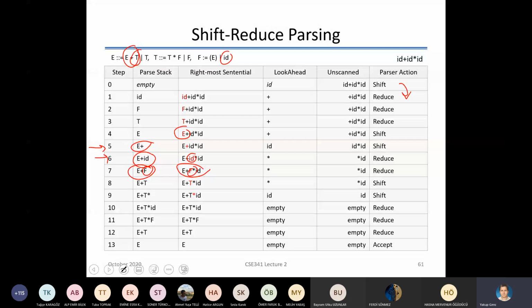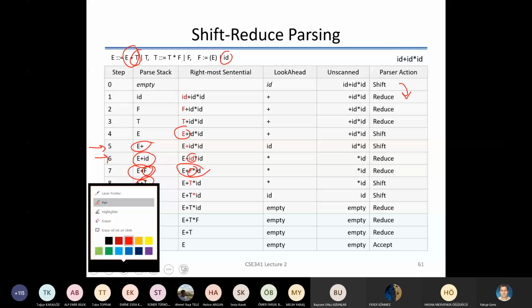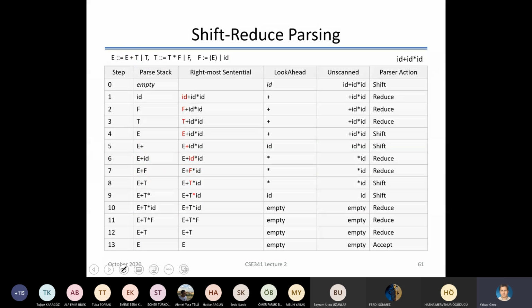Now let's stop there. Okay, now we are at E plus T. Now here, I can actually go to E plus T, and then I can go to E, right? I can do that. Or I can actually do a shift and push the star there. All right. So I have two possibilities here.